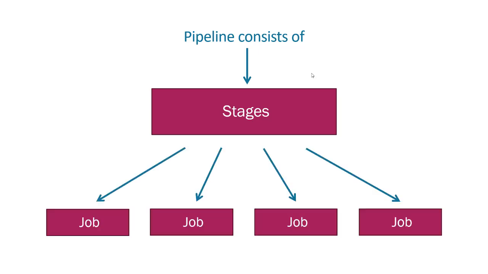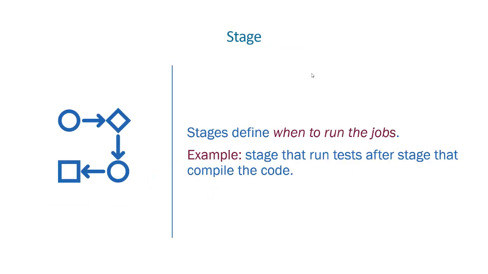All right, let's define what a stage is. I'm pretty sure when you hear the word stage, you would be thinking about some sort of a sequence. You start at one stage, and once you are done, you move to the next stage.